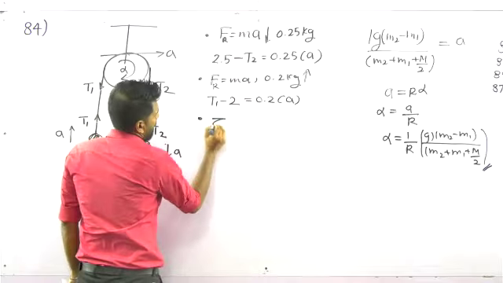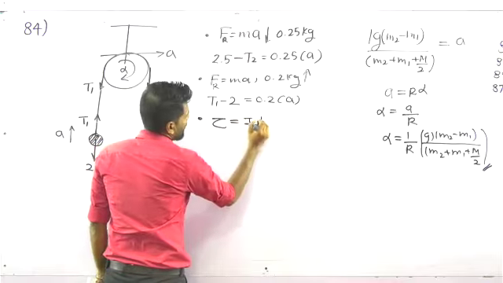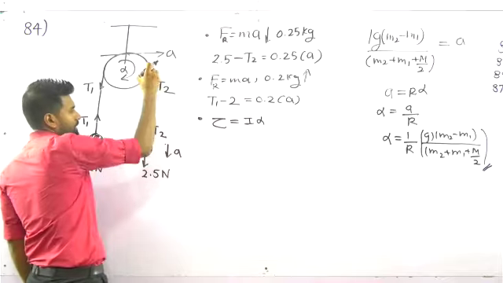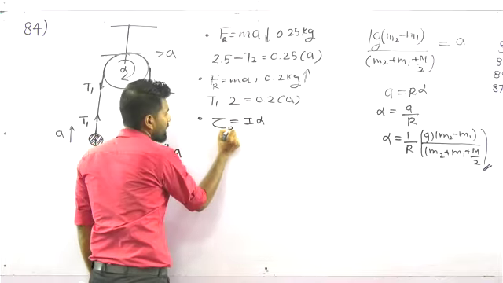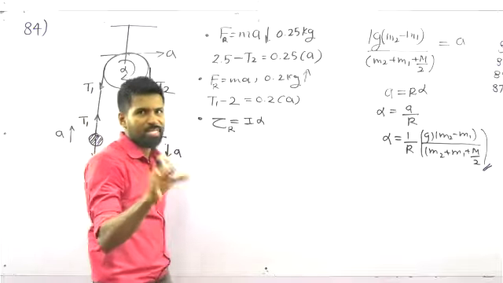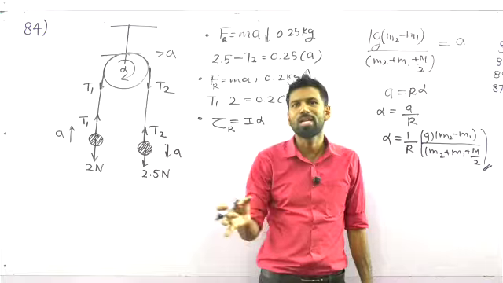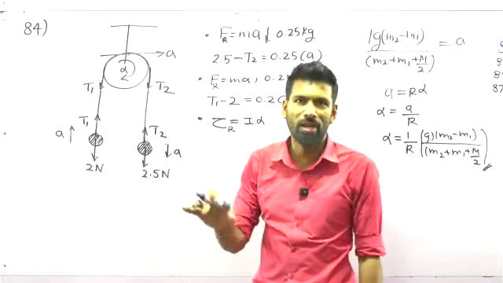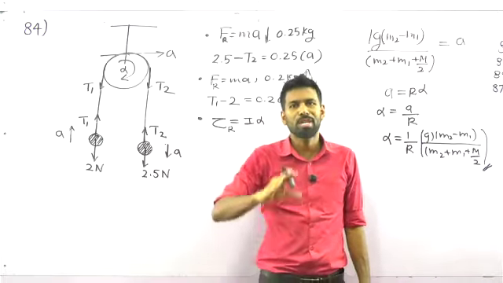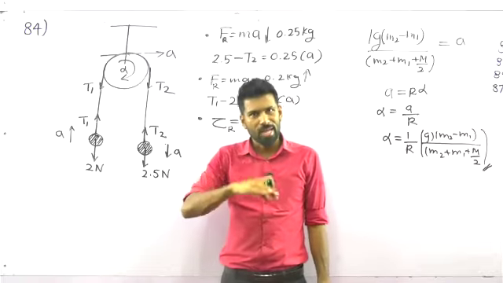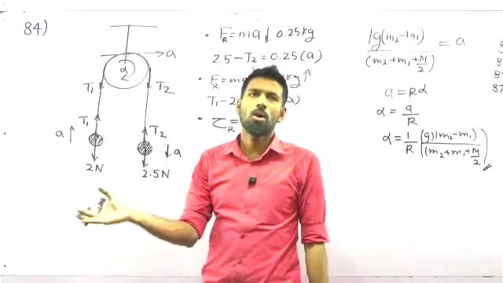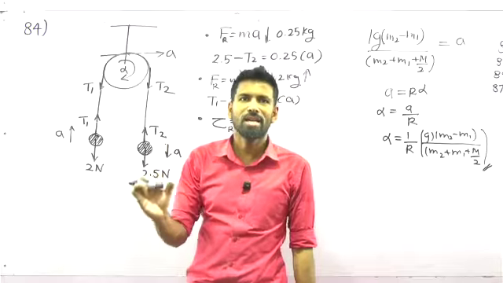Okay, and applying tau equals I alpha for the disc or the pulley that rotates, tau is the resultant torque. In this case, the pulley is rotating. Previously, when F equals ma, the pulley does not rotate. In order to achieve that, tensions were assumed to be equal on both sides, cancelling the moments to the opposite side. But here it doesn't happen.